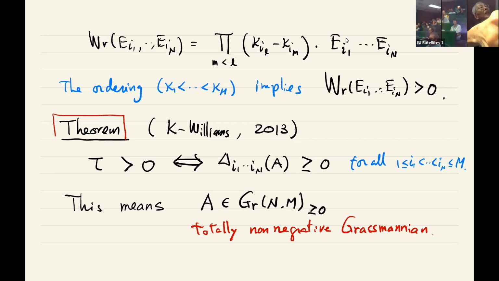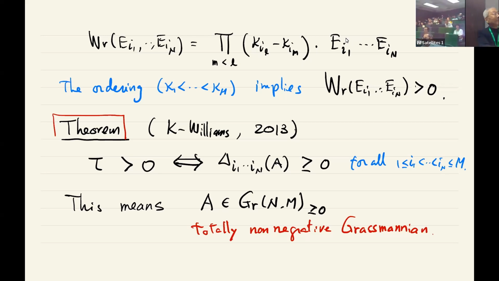Of course, if this is true, then this direction is easy, just by definition. But tau positive implying this one is not easy, so you have to do a lot of work. This actually defines A as an element of the so-called totally non-negative Grassmannian. So that is a crash course on KP solitons.